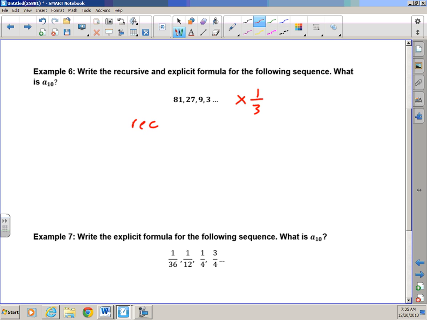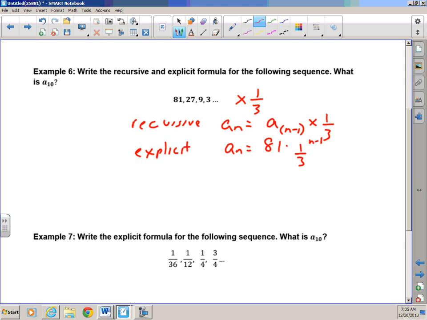So my recursive formula is a sub n equals a sub n minus 1 times 1/3. My explicit, which is more useful, a sub n equals my first term of 81 times 1/3 to the n minus 1 power.